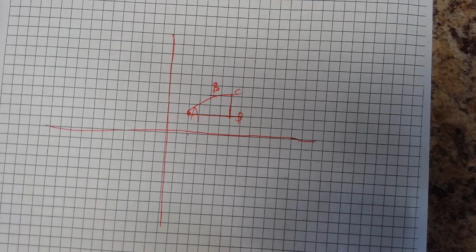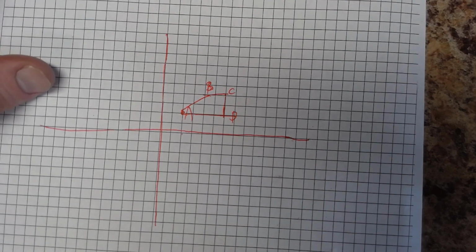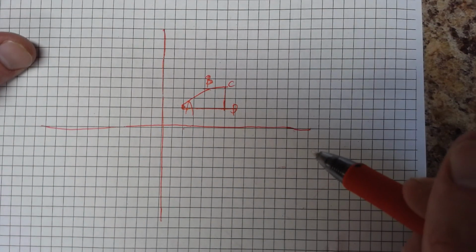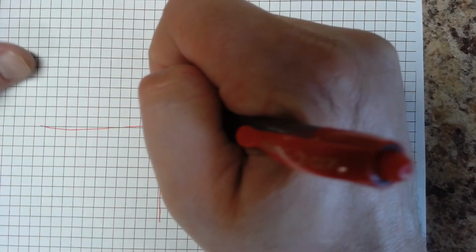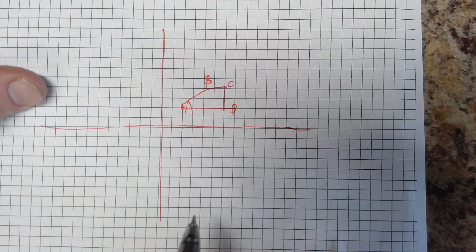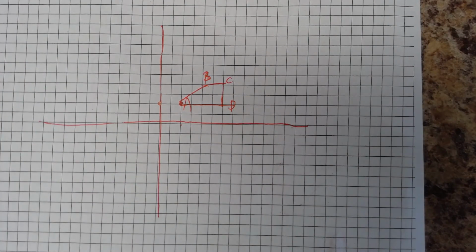A reflection in the horizontal line through 2 on the y-axis. So 2 on the y-axis, going up and down, is right here. Y-axis is vertical, so your line of reflection is right here.